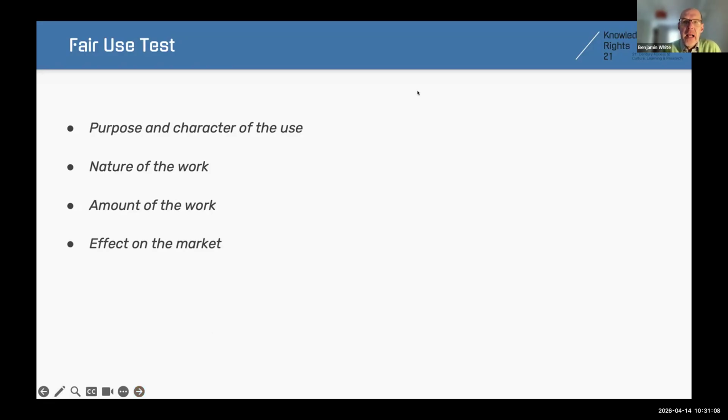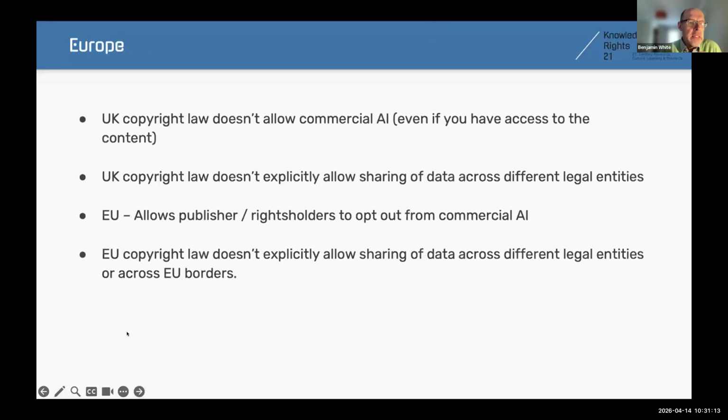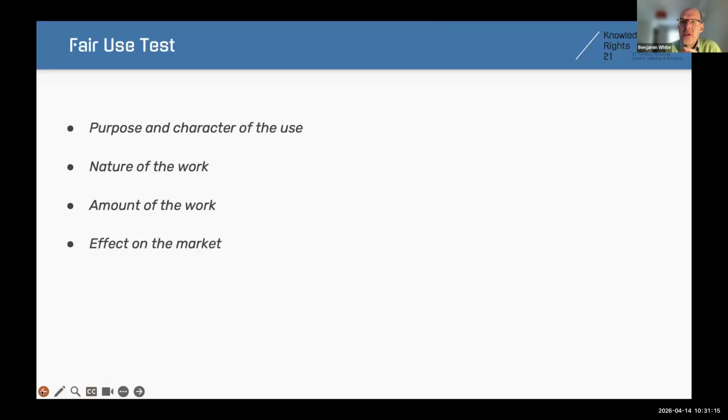It is to analyze and extract facts, data, and relationships. So essentially, it is a transformative use. It doesn't impinge on why people write articles or books. And therefore, the courts routinely find that machine learning is fair under the first prong of the fair use test.